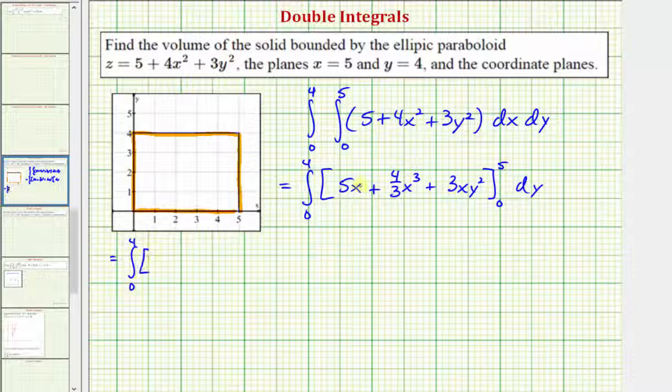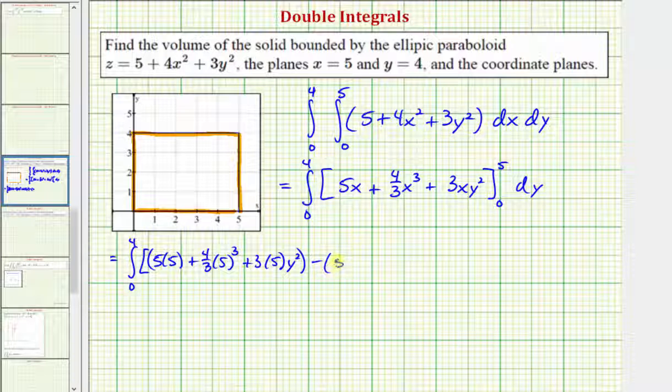So when x is 5, we would have 5 times 5 plus 4/3 times 5 cubed plus 3 times 5 times y squared, minus, when x is 0, we have 5 times 0 plus 4/3 times 0 cubed plus 3 times 0 times y squared.